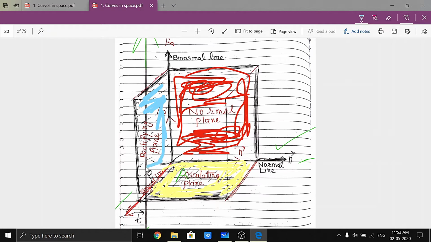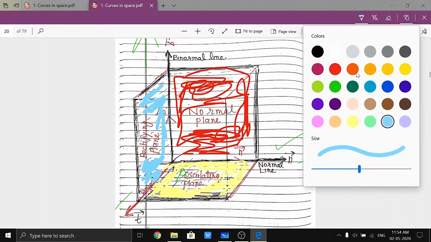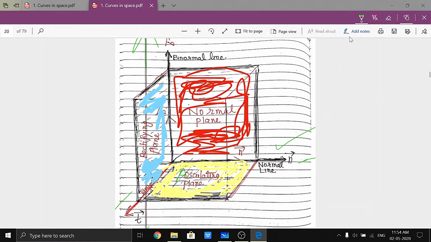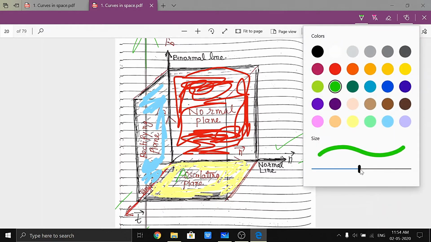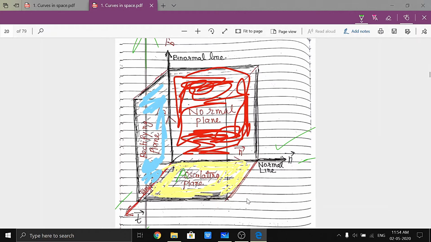In this form, this base is the osculating plane, your front face is the normal plane, and your left-hand side is the rectifying plane.